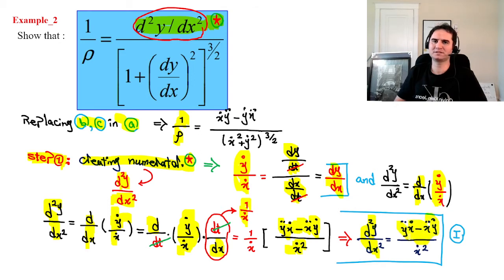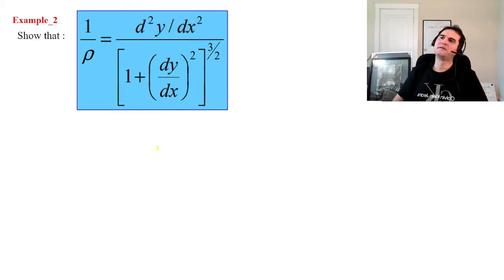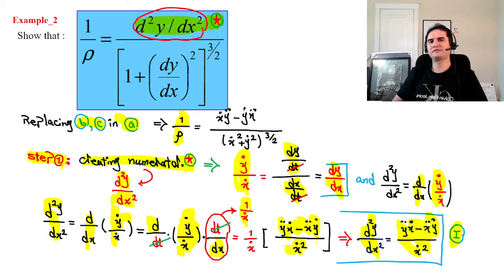If we call this equation 1, we already developed a statement for d squared y over dx squared, which is over here based on the components of x and y.